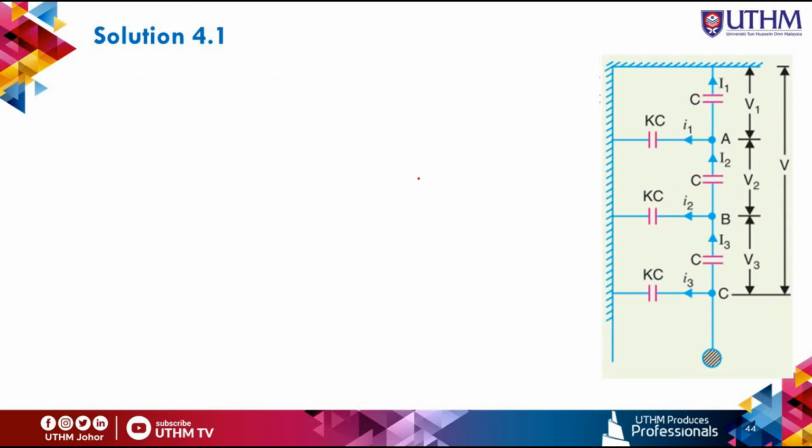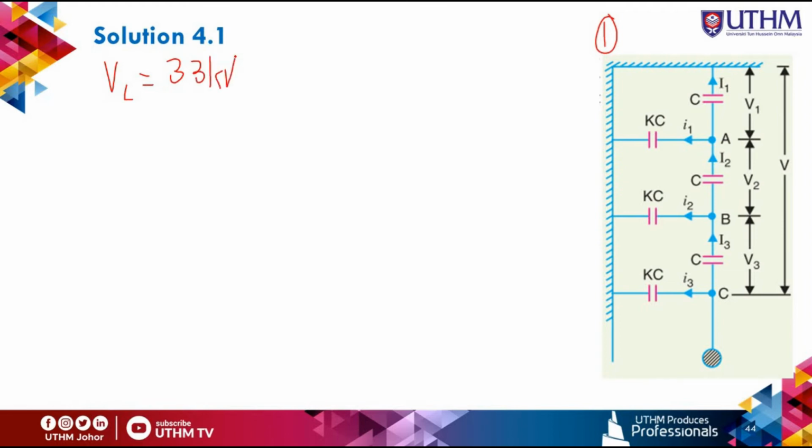So first, as I mentioned before, you have to draw the circuit of the system. And then second, you have to find the voltage. For VT, this question states that the line voltage VL equals 33 kV.